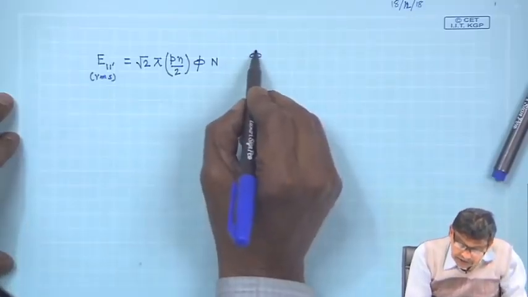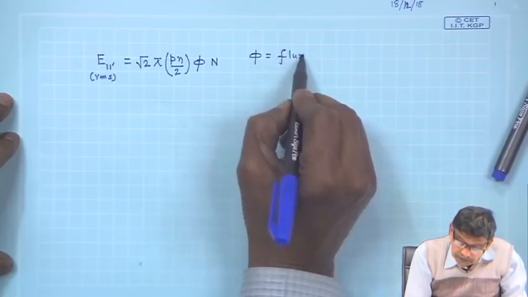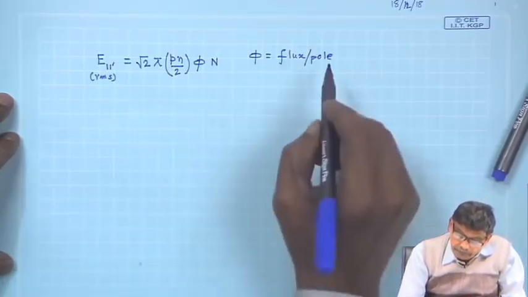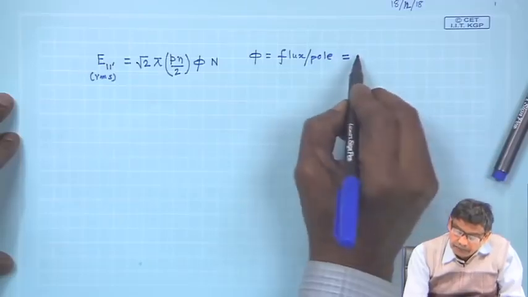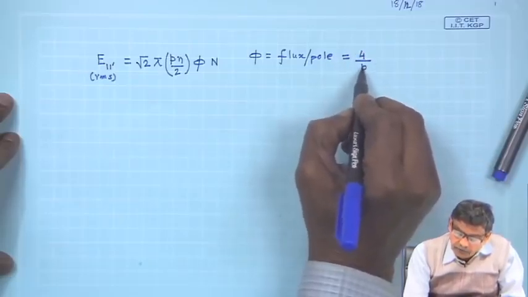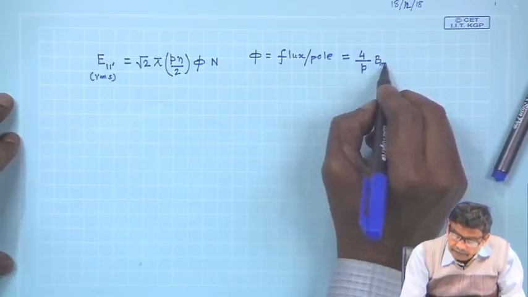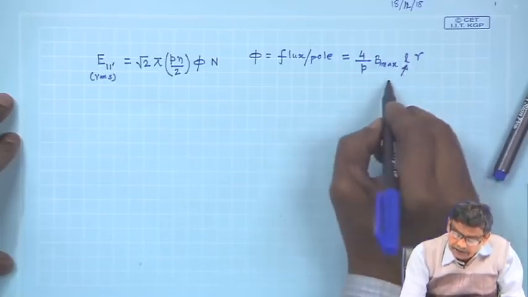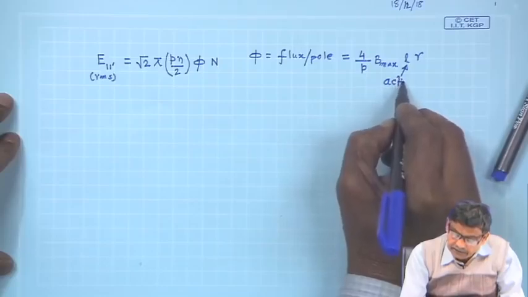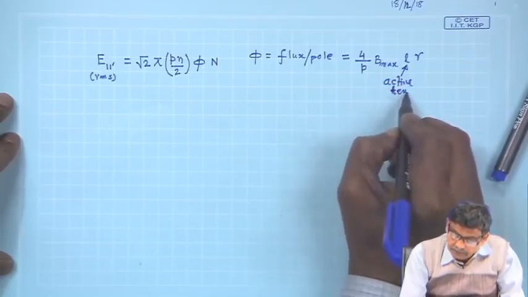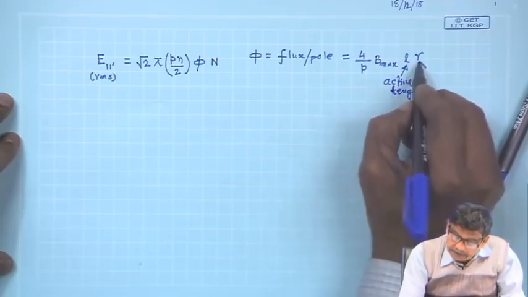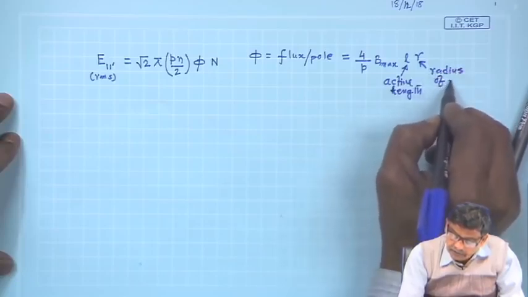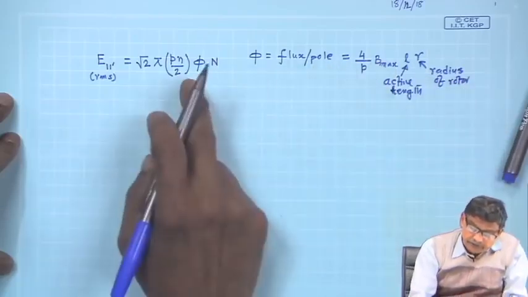Phi is flux per pole, in Weber per pole, and its expression for a multipolar machine we derived as 4 by P B max L into R. L is the length of the machine, that is the active length of the conductor, and R is the radius of the rotor. So, this is in terms of flux per pole.